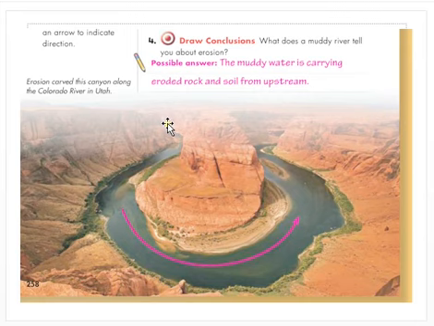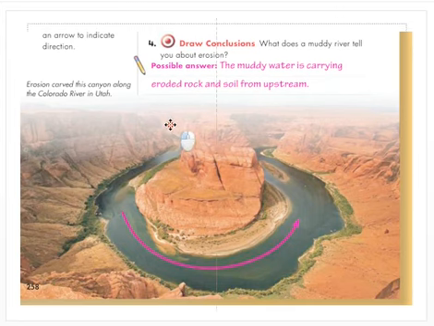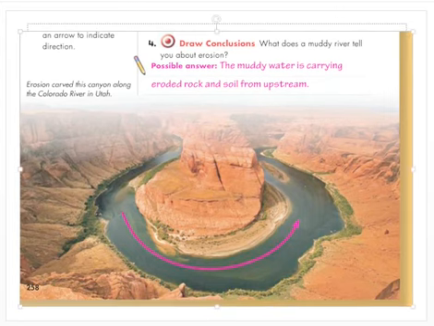So the soil, or the eroded rock, could pass from this area going to this area. It is because of the water. The movement of water could move the rocks.